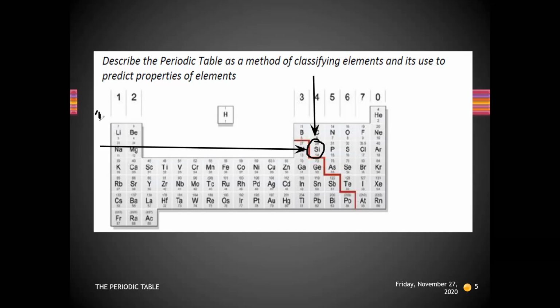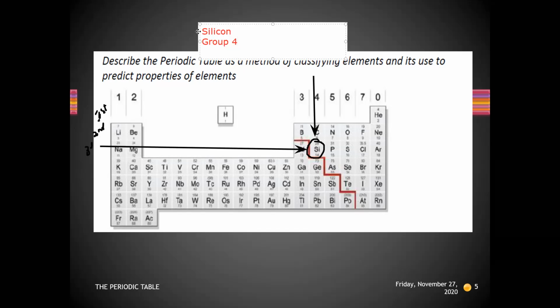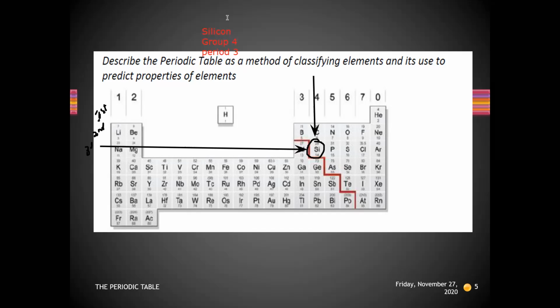This is the first period, second, third. Third period means how many shells are used? So silicon in this example is group 4 and period 3. So we can draw the structure of silicon.